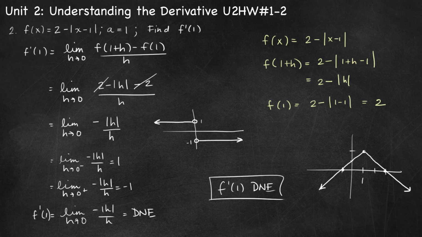So we can hopefully see from the graph here, there is no way to draw a tangent line because of this corner point here. I mean, if the tangent line is supposed to just touch the graph at one spot, does it look like this? Does it look like this? Does it look like this? There is no way to draw a tangent line at x equals 1 for this particular graph. So the derivative does not exist when x is 1.